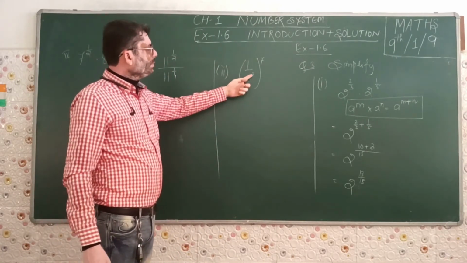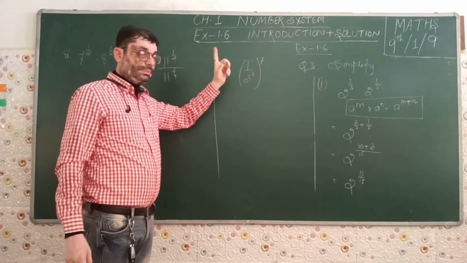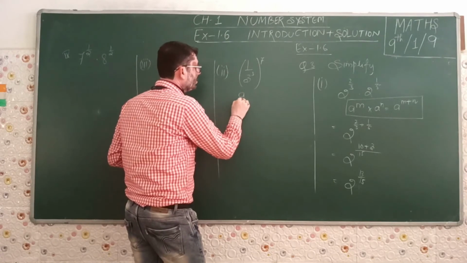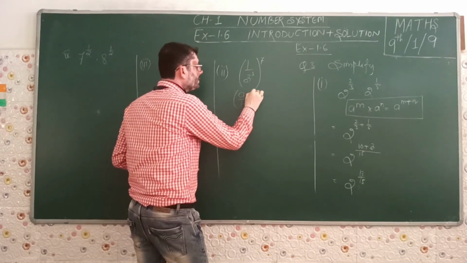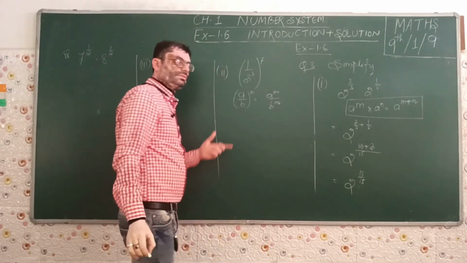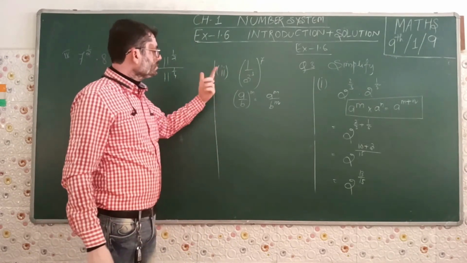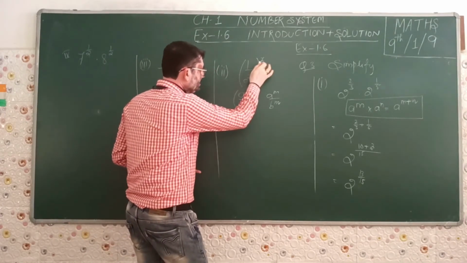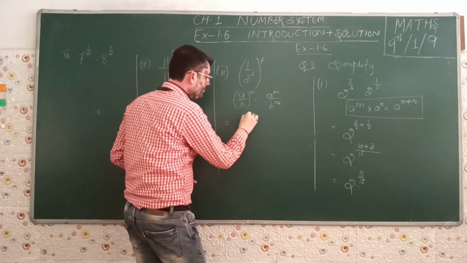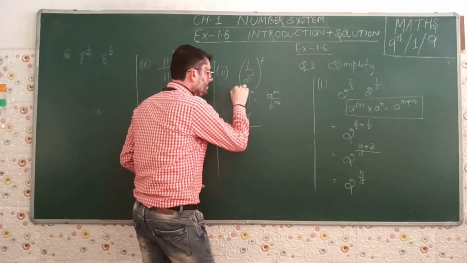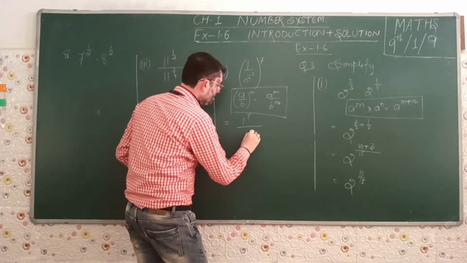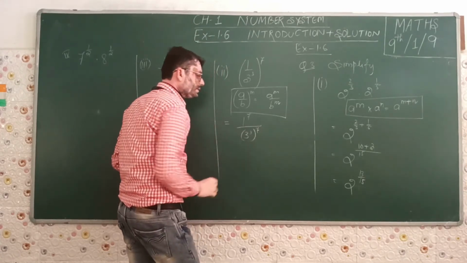Moving on to bit 2. This is 1 by 3 to the power 3, whole to the power 7. Here we can apply the law (a by b) to the power m is a to the power m by b to the power m. This we have seen in the laws of exponents also. So applying this, this 7 is applied to both numerator as well as denominator. So we can say 1 to the power 7 divided by (3 to the power 3) whole to the power 7.